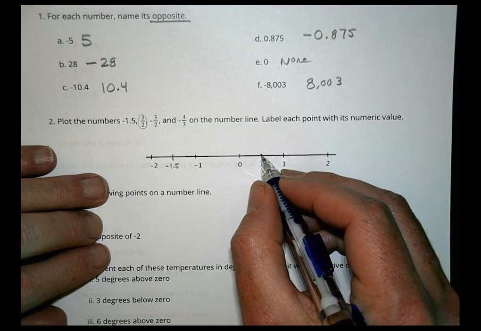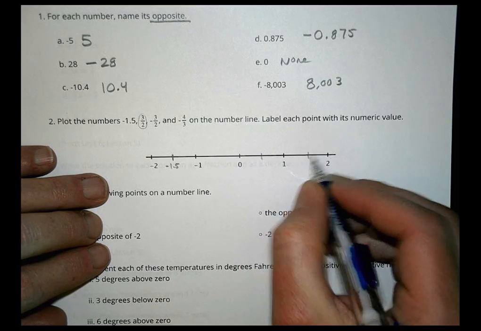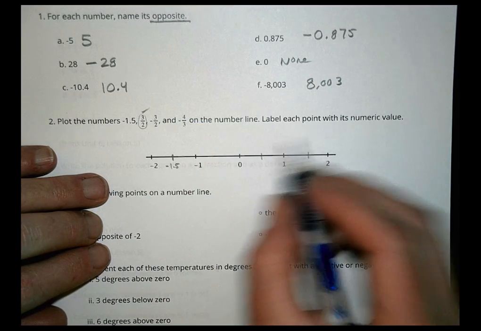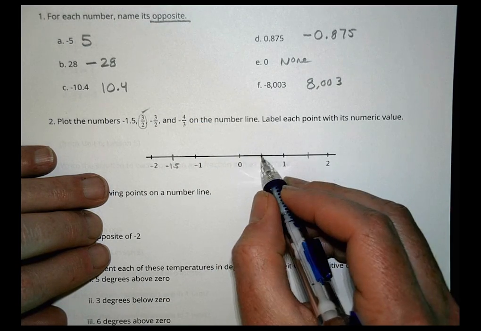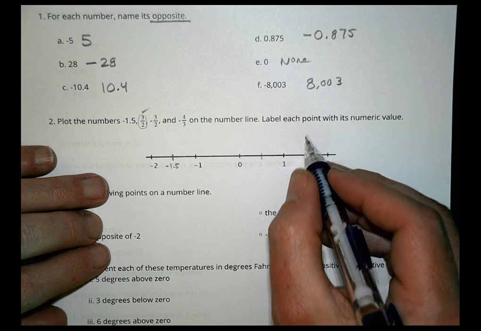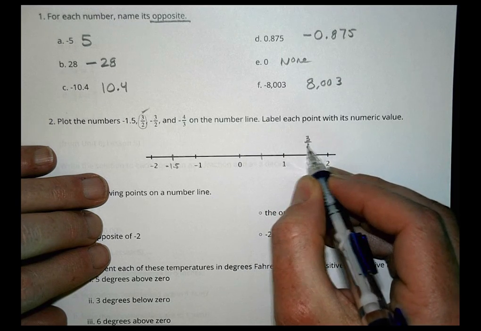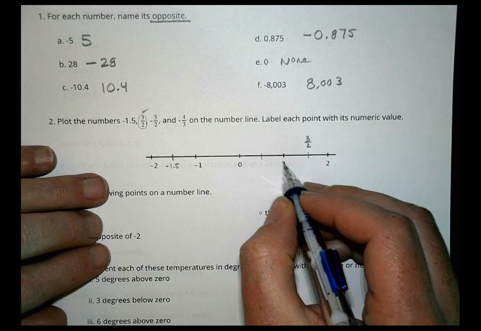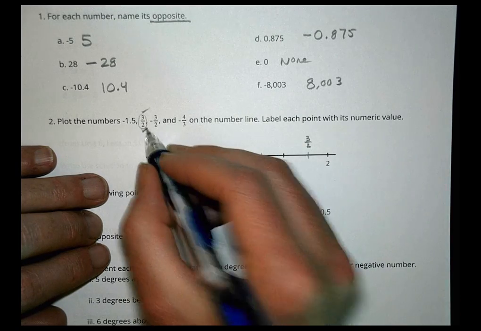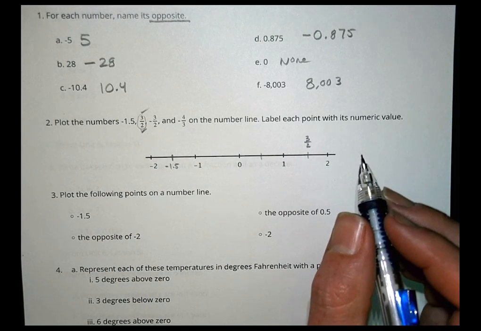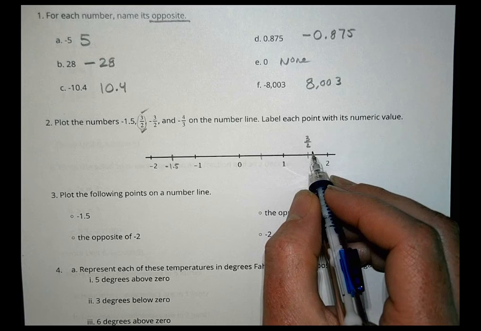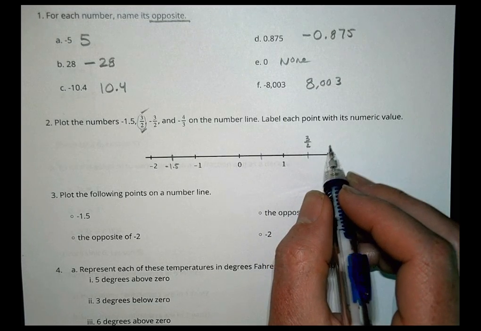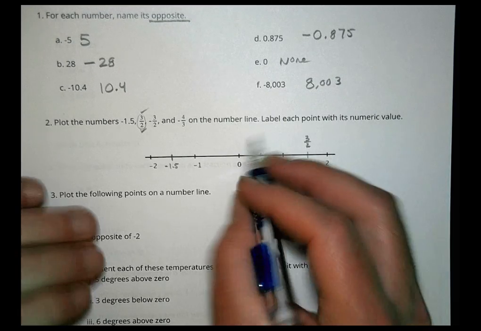So this is a half, this is a half, and so half segments means I'm going to count out 3 of them. 1, 2, 3. So 3/2 is located right there because I broke the whole number into whatever the denominator was, which was 2, into halves, and I counted out 3.